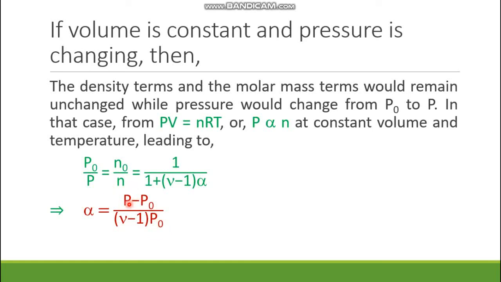Earlier it had been rho 0, M0, D0 first, and then rho, M, D, but now this is reversed. Here it is P minus P0, and P0 is in the denominator: (nu minus 1) into P0. So just apply some trick to memorize them. So that's all about degree of dissociation.